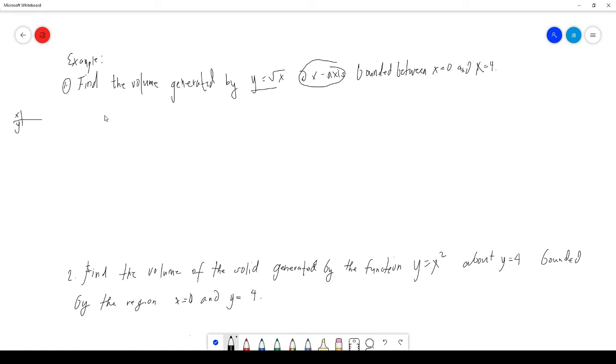But y is equal to square root of x will look like this. It's only bounded between 0 and 4, so the graph stops here at 4.